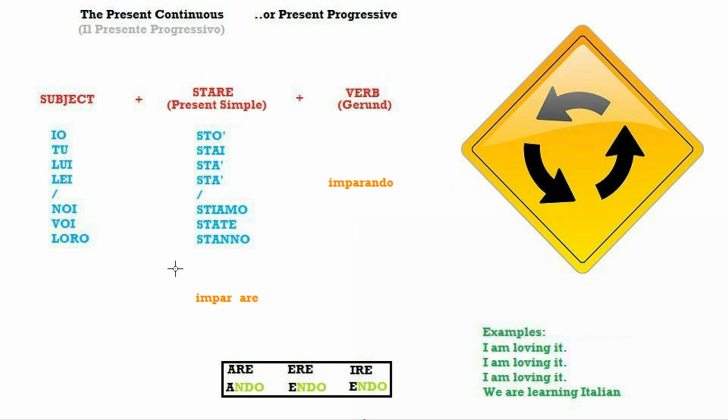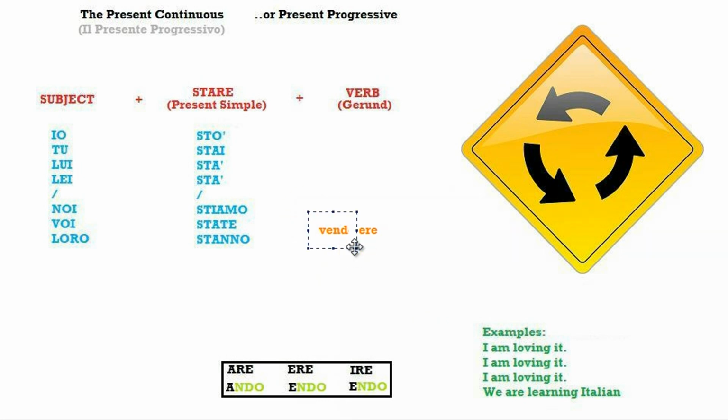Let's have another example. Let's say that we want to say they are selling. Now, the verb to sell in Italian is vendere. And as you can see, it's an ere type verb. You understand that because of the ending.